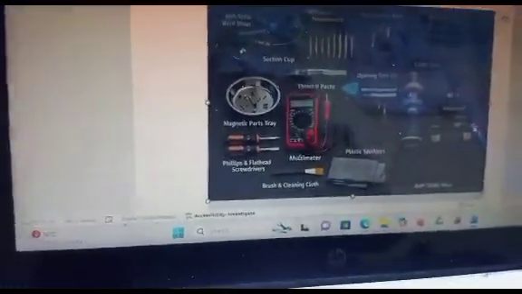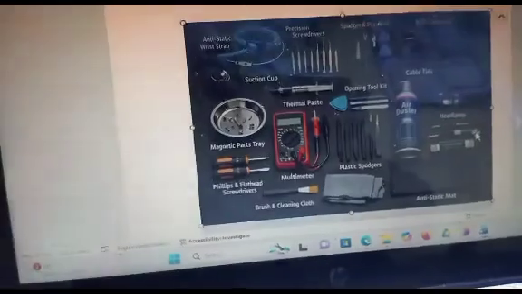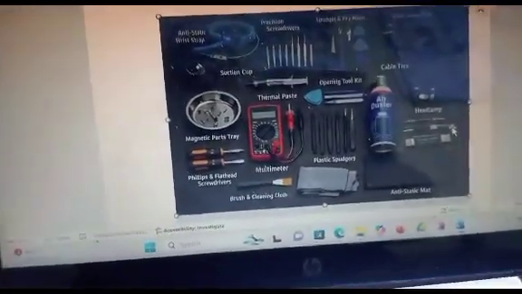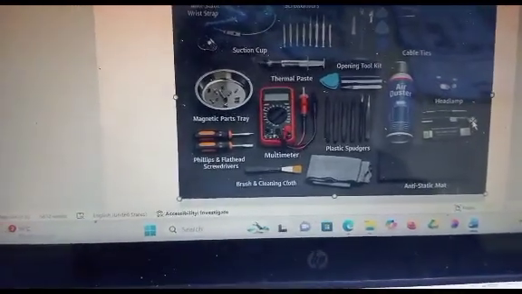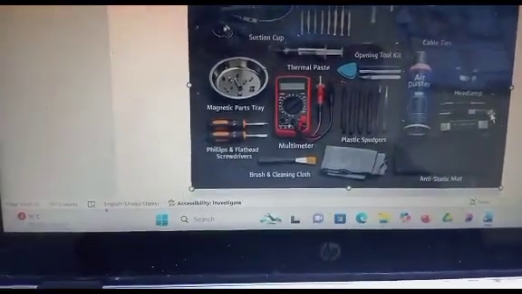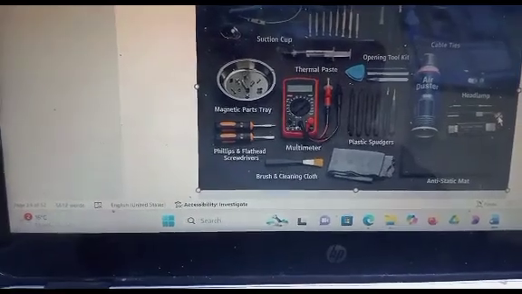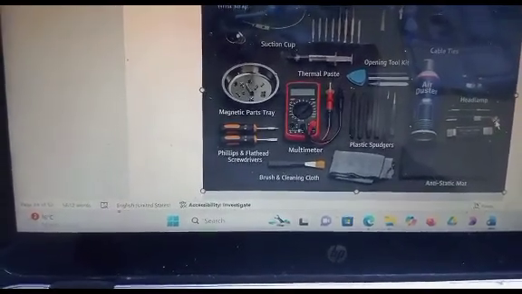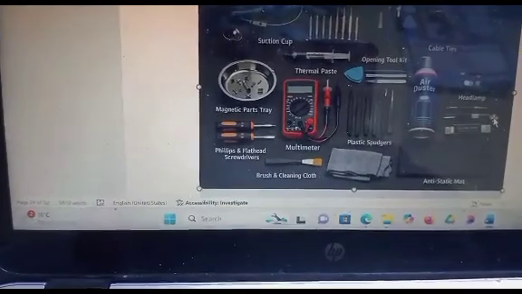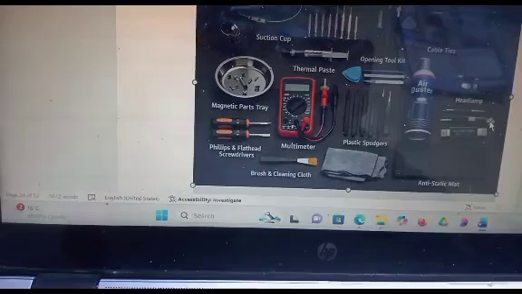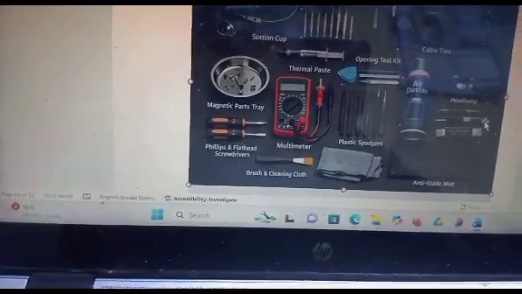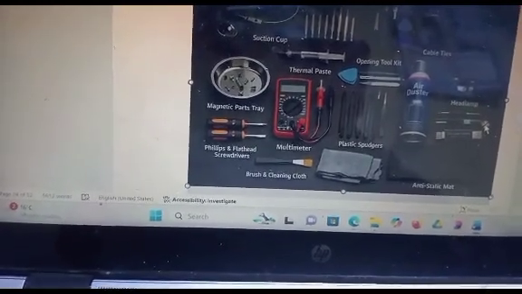Now, we want to look at some of the tools that we are going to use in troubleshooting a computer or computer repair and maintenance. So we have a number of items. You can see we have the anti-static wrist strap. We have precision screwdrivers, the smaller ones for the laptop, and the bigger ones.